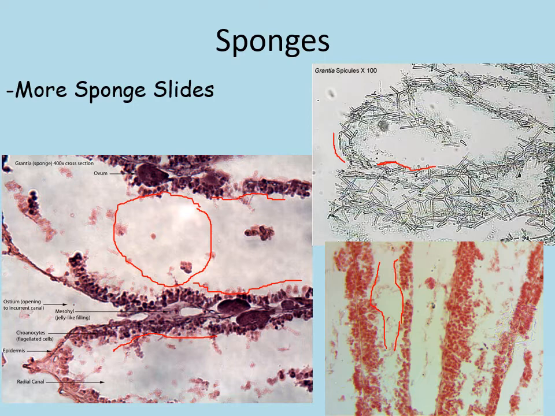In this case, they're actually chalk, not glass, but that's what the spicules look like. So this would be present throughout the outline of the sponge's body. Sometimes it gets lost, but on the living sponge, you would have spicules within the framework of the sponge's body.